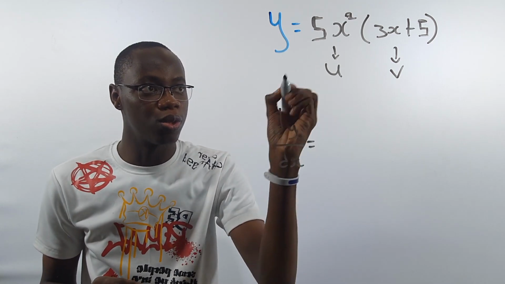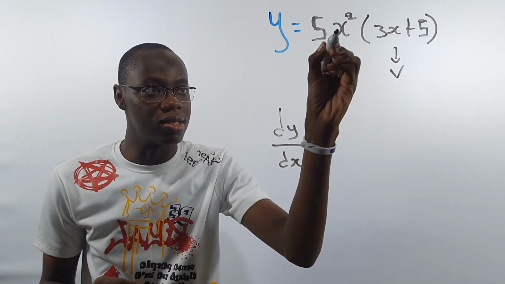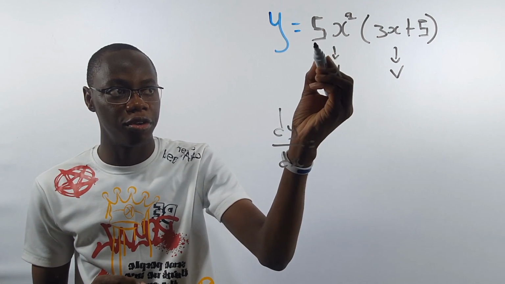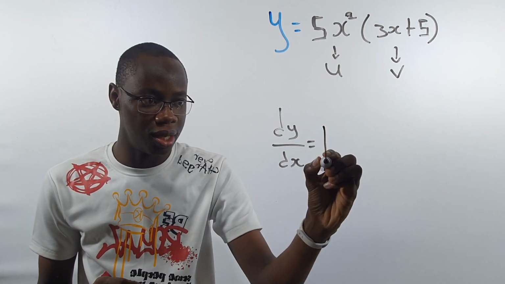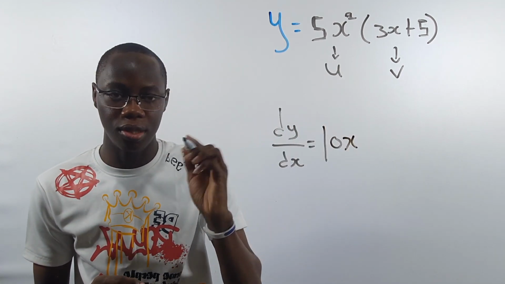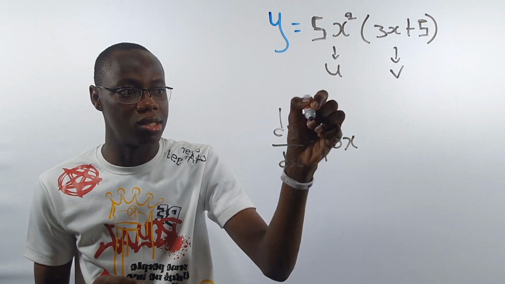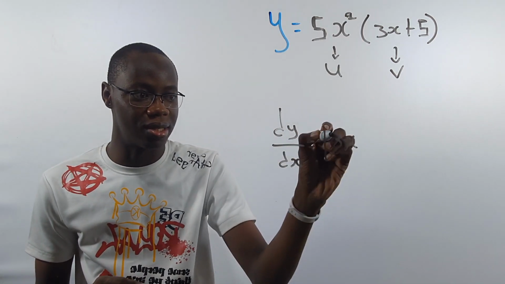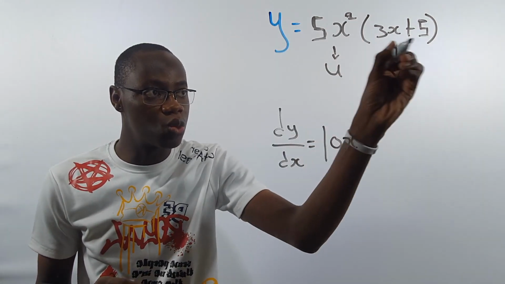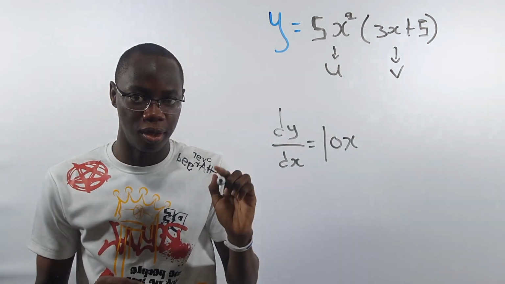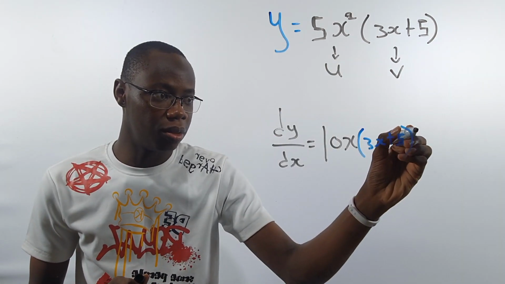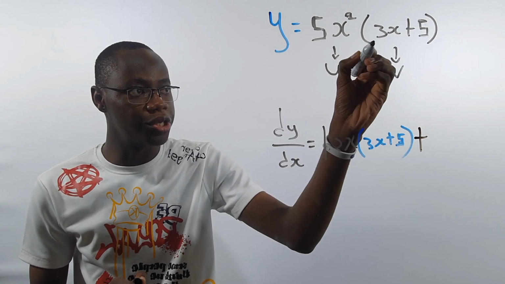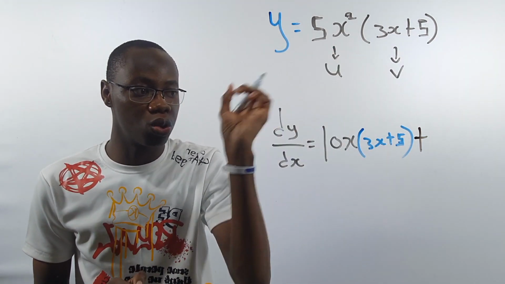Let me show you. What is the derivative of 5x squared? That will be 10x, like this, times this is 10 and subtract 1 from the power, so that's 10x. Then leave this one the way it is, just put it back here like this, and then plus, now differentiate this one and leave the first the way it is.